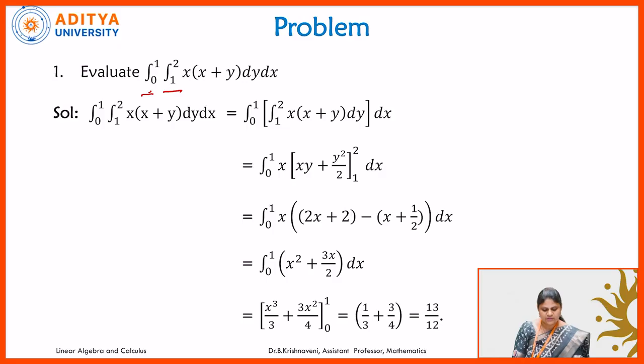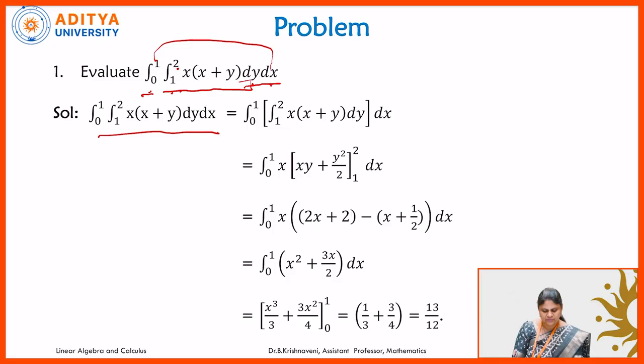So if all the limits are constants, you can follow the same order which is given in the question itself. You can see this is the inner limit belonging to the inner variable and this is the outer limit belonging to the outer variable. So let us do the integration with respect to y between the y limits, then with respect to x between x limits. So let us proceed.